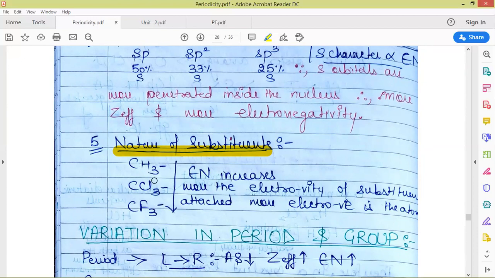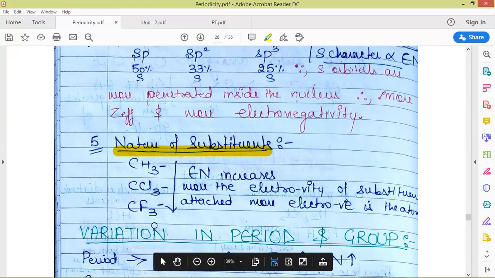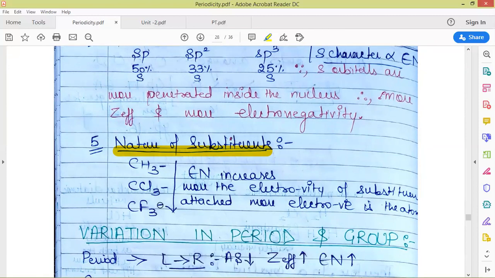Hydrogen is least electronegative out of these, then second comes chlorine, then fluorine is the most electronegative element as we have already discussed. So here electronegativity is increasing for the substituents. So with increase in electronegativity of the substituents, the electronegativity of the central atom also increases.